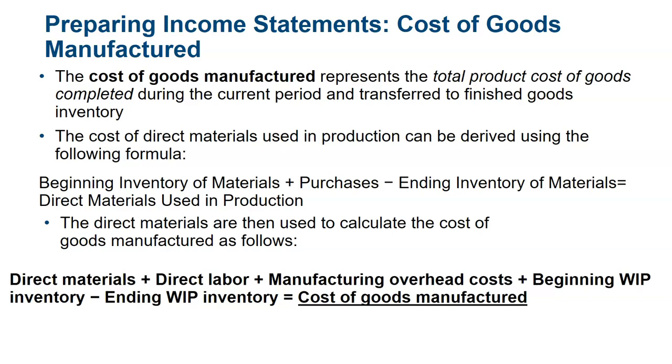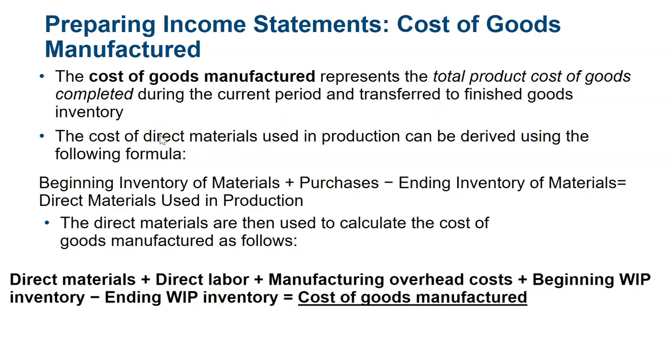So let's see what it says. It says that the cost of goods manufactured represents the total product cost of goods completed during the current period and transferred to finished goods inventory.